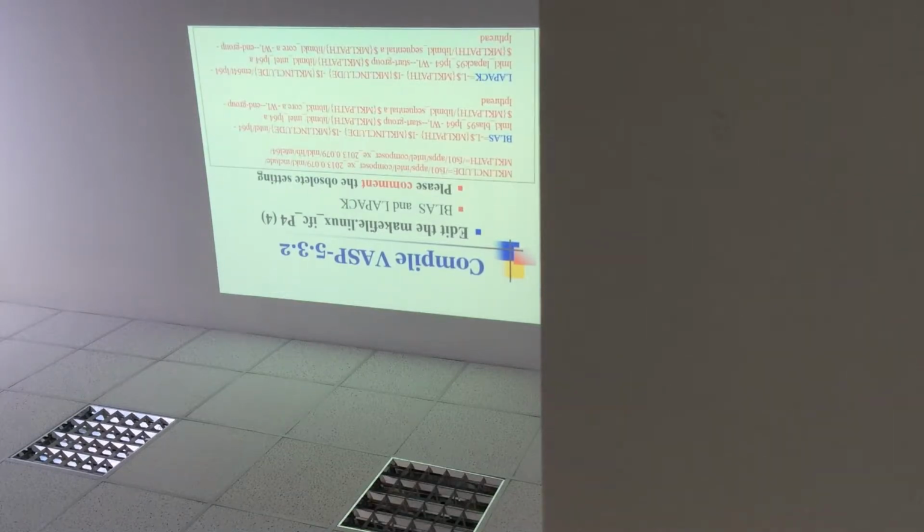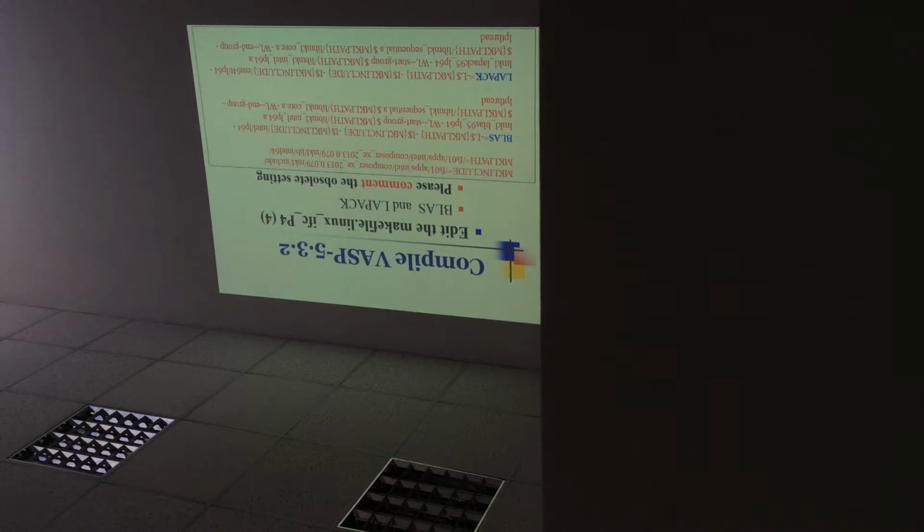Okay, the next step is you need to link the math libraries, the LAPACK and related mathematical libraries there. It's a little bit different and very, very complicated. Why? Because Intel always changes things generation by generation. I don't know when I can find the correct way because they changed a lot. So what we need to do is tell where it is, what kind of static library you need to have.